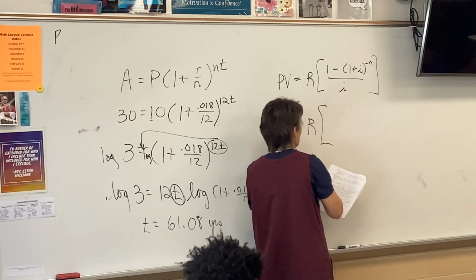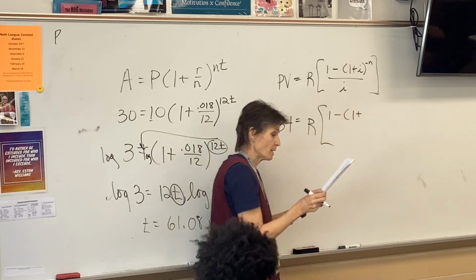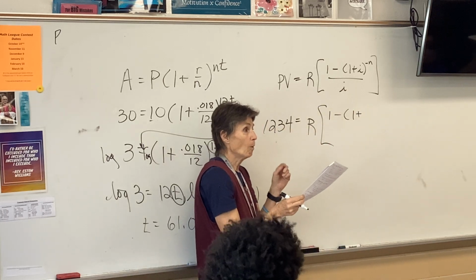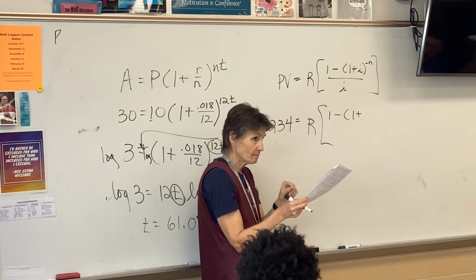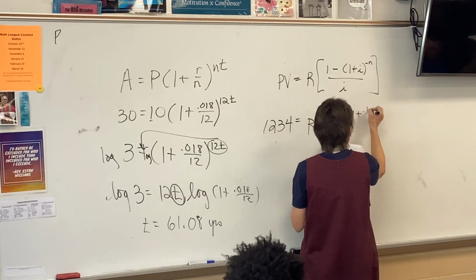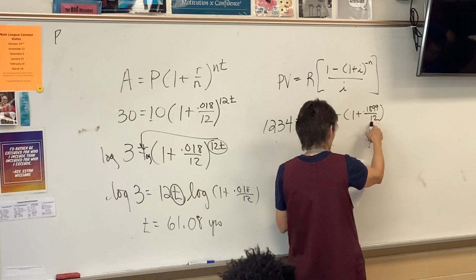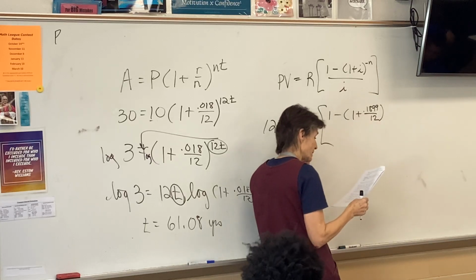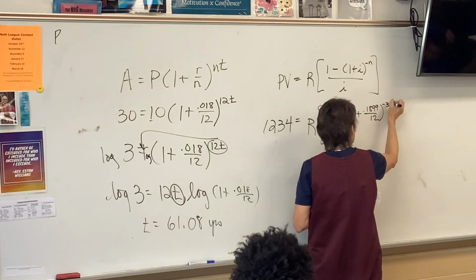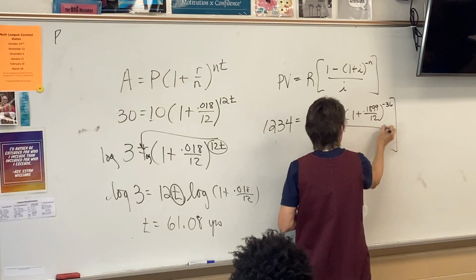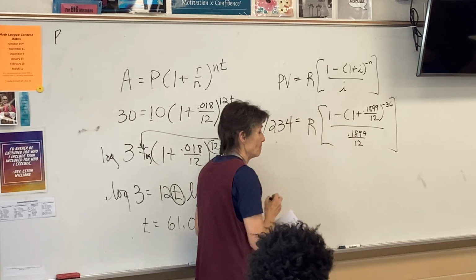I don't know my payment amount, I'm finding that. My interest rate is 0.1899 divided by 12 monthly. I'm doing this monthly for 3 years, so I'm making 36 payments. So there is my setup.